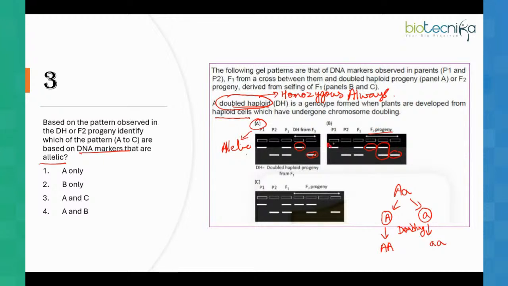Like if this individual is capital A, and this is small a, F1 will be capital A small a. And then when F1 cross happens, we get all the three varieties, that is capital A capital A, capital A small a, and small a small a. Right? So panel B is also showing allelic marker.